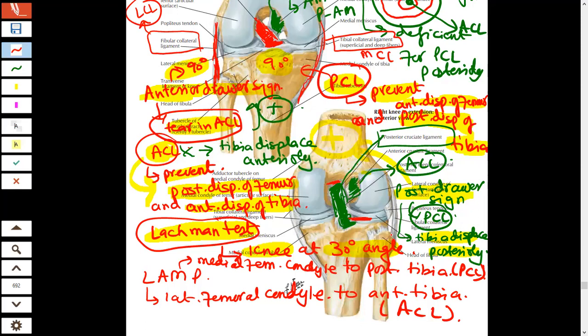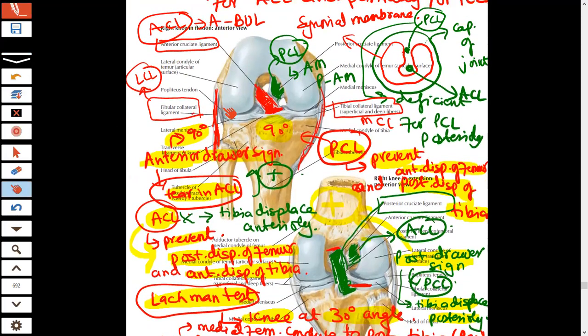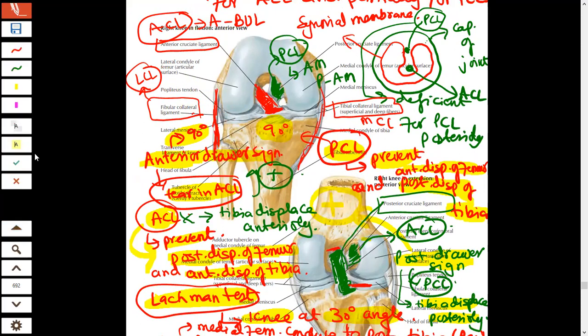This is clear? And one more thing, please remember, on this side here, see this picture, everyone, all students. One thing I want you to remember. See here on this side. A muscle tendon is also present here, and that is your popliteus tendon. So what is the popliteus tendon? This tendon is present inside the joint.